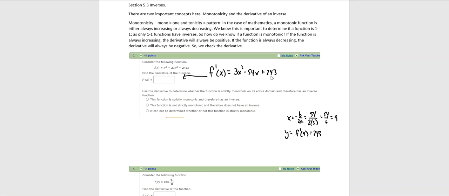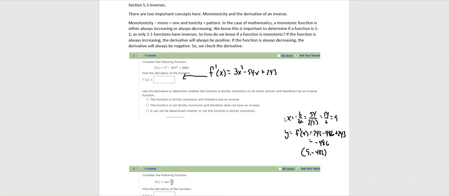All right, so that balances out. 54 times 9, 5 times 9 is 45, 450 plus 36. This is negative 486. So my vertex is at (9, negative 486).